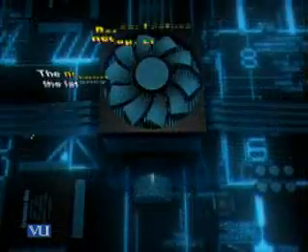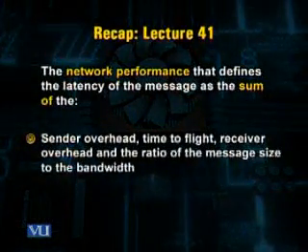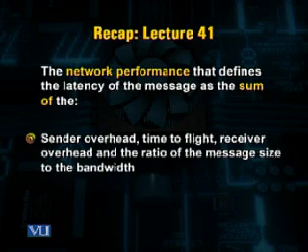The network performance defines the latency of the message as the sum of a number of parameters. These parameters are the sender overhead, time of flight, receiver overhead, and the ratio of the message size to the bandwidth.